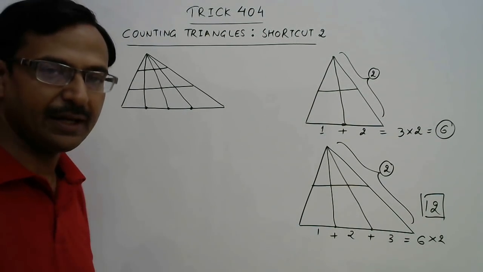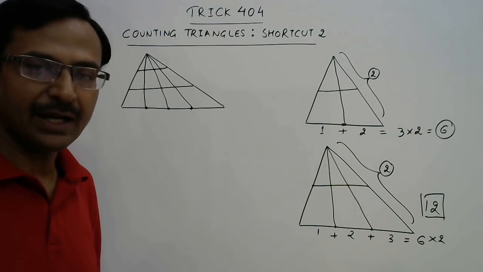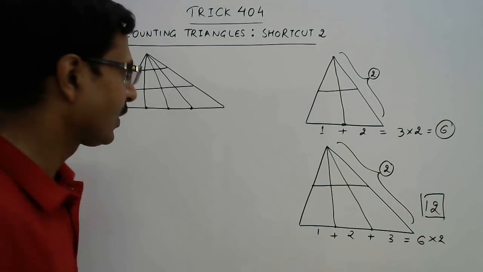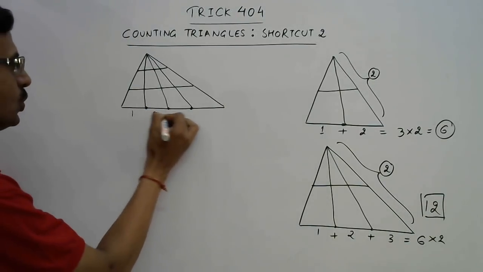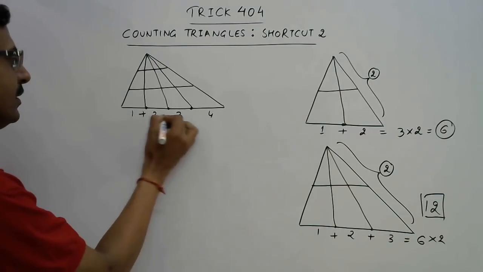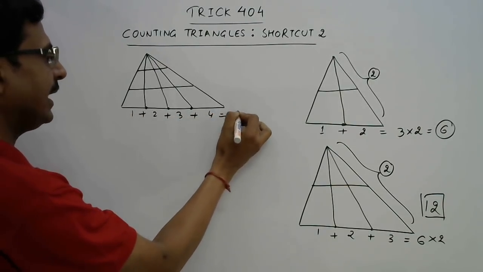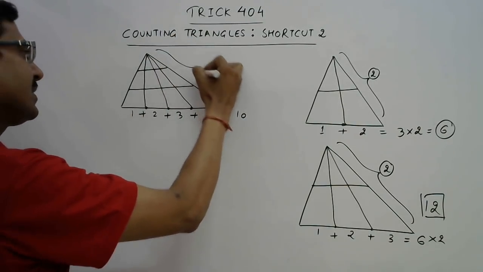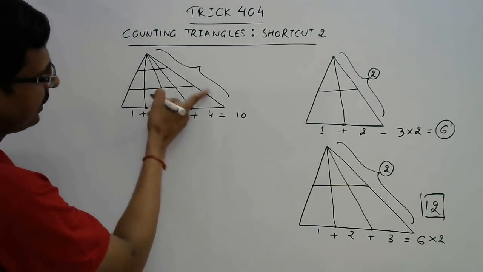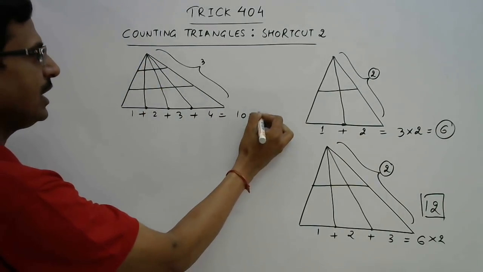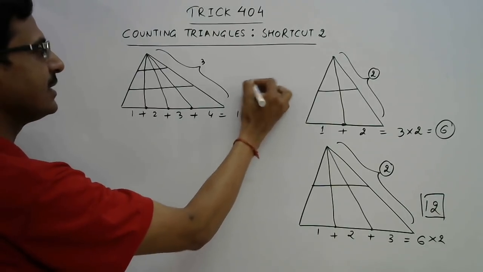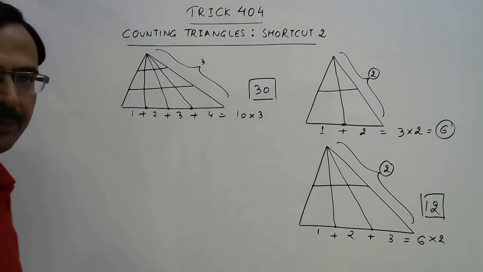Why? Because there are a number of triangles in this figure and actual counting will not help you here. So use the shortcut 1, 2, 3 and 4. So add, you get 10. And how many parts are there on this side? 1, 2 and 3 parts. So 10 into 3, you have 30 triangles as the answer for this figure.